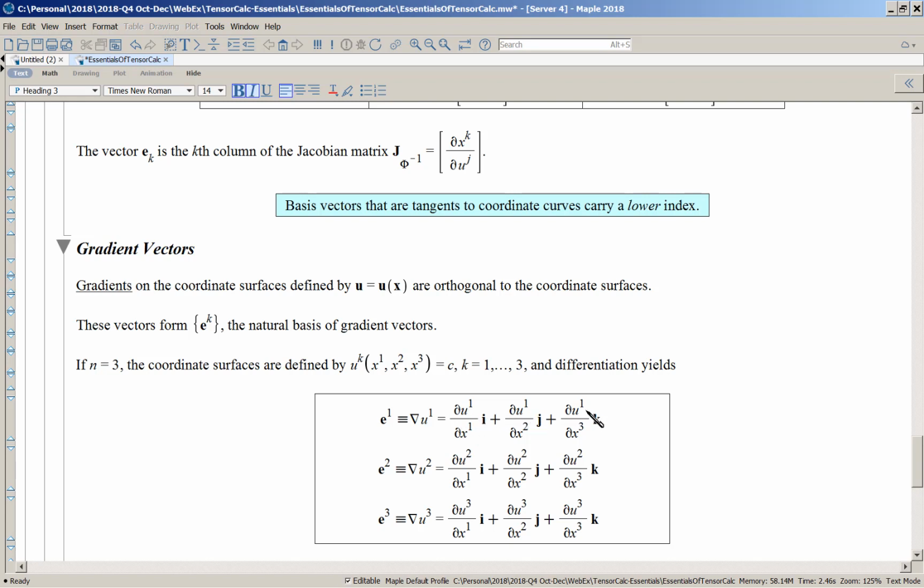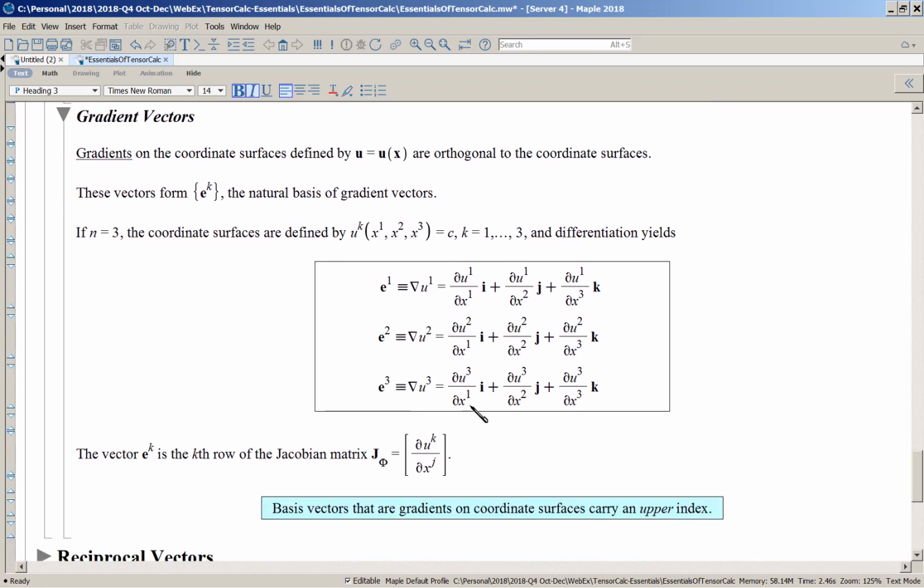The function stays the same, so across the numerators it's u1, u2 here, u3 here, but the derivatives are with respect to each of the independent variables, x1, x2, x3, or xyz if you want. Okay, so these 3 vectors would be gradient vectors perpendicular to the coordinate surfaces.